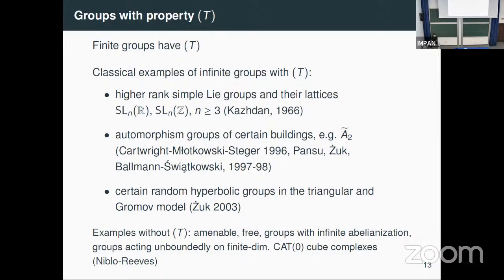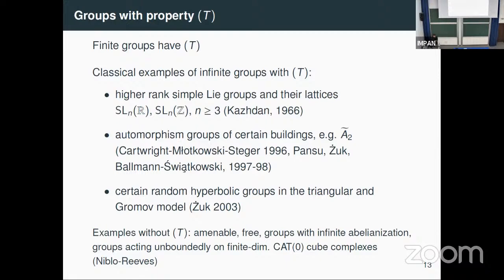The classical examples are the high rank simple Lie groups and their lattices, due to Kazhdan originally. Kazhdan uses the algebraic structure of the Lie group together with the knowledge of the representation theory of the Lie group, because in those cases you actually do know a little bit more about both the structure of the group and the representation. So that's what he used.